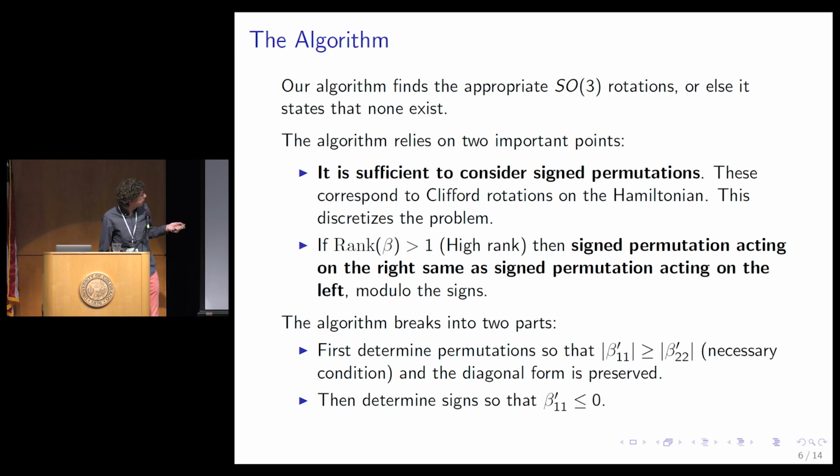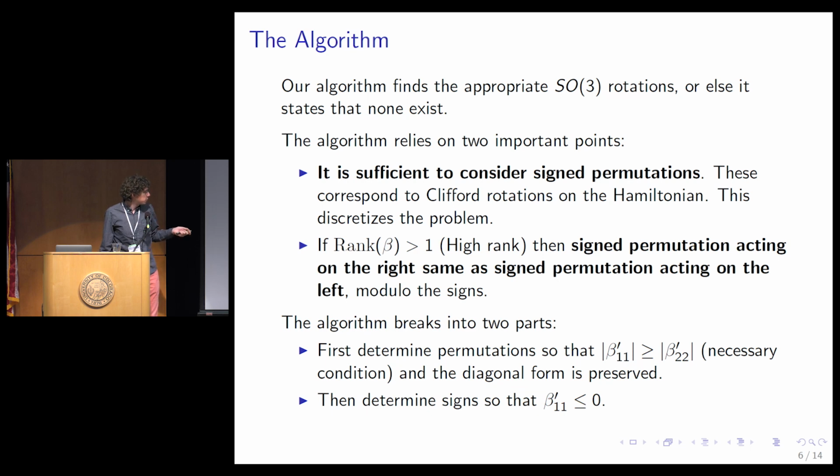The second important point I'll make use of is if my beta matrix has rank greater than 1, that is to say there's a high rank beta matrix, then the signed permutation acting on the left and the signed permutation acting on the right must be the same up to a difference in signs. This is in order to preserve the diagonality of the beta matrix. So given this, our algorithm is going to break up into two parts.